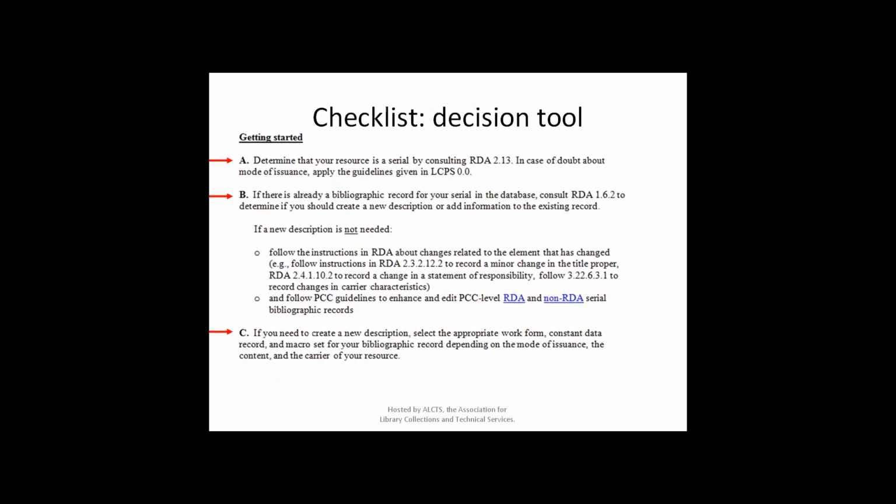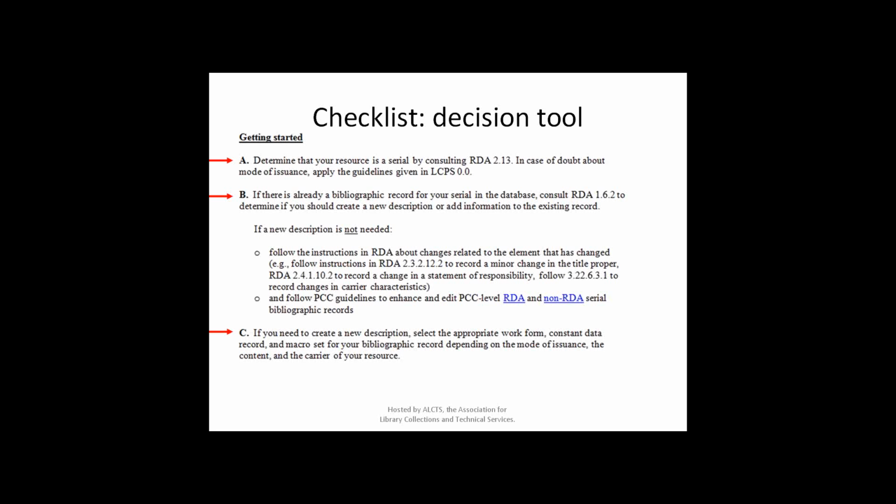It starts out with a getting started section, and it starts with some of the basic decisions that we've always had to make in creating a description of a serial. Is it a serial? First question. And it points to the guidelines in RDA for making those decisions.